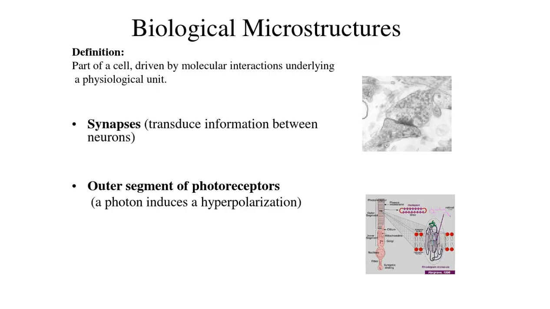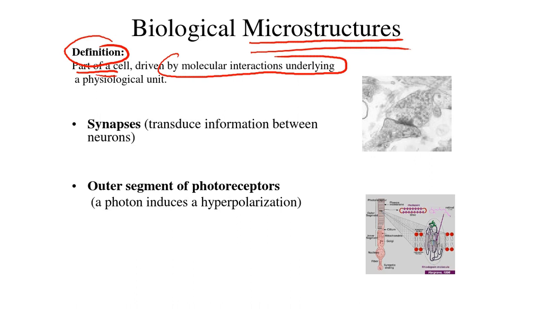So now I would like to give some more specific definitions. What do we mean by microdomain? This is going to be part of a cell that is driven by molecular interactions that underlie a specific physiological function, something that is defined in terms of the response.